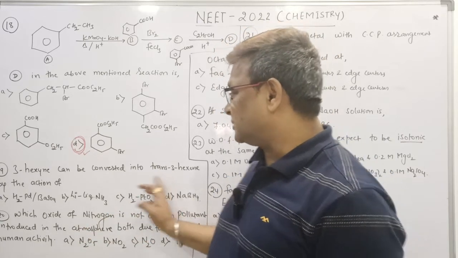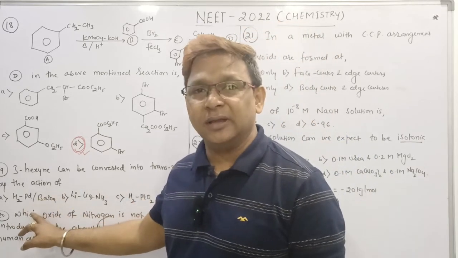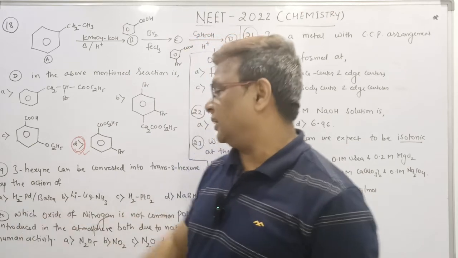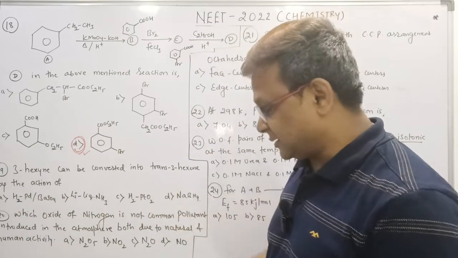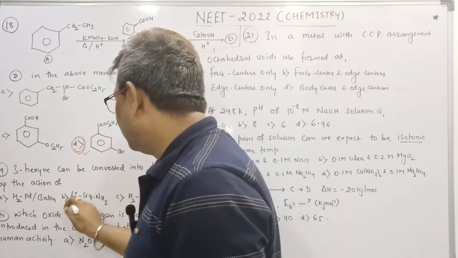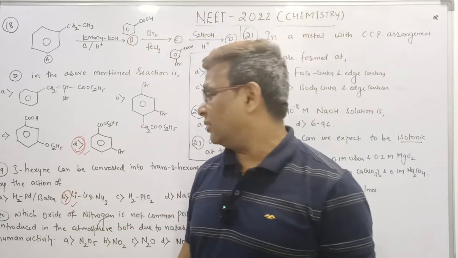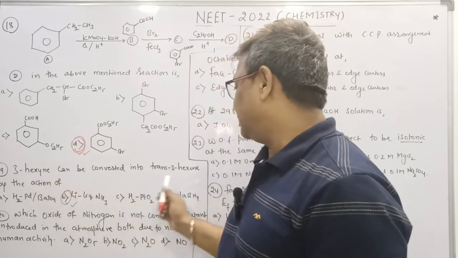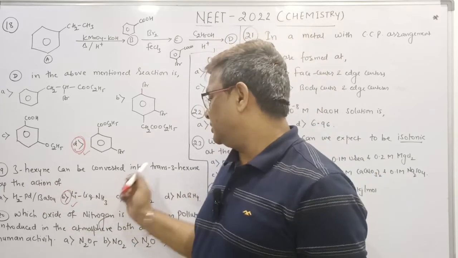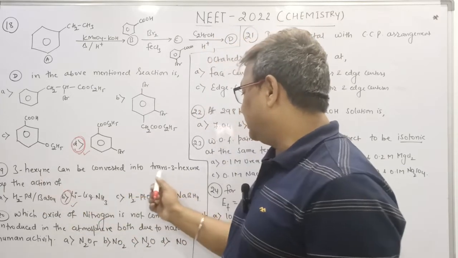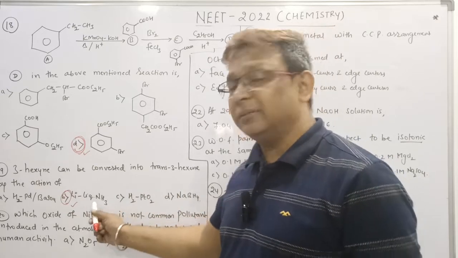But if it is cis, then Lindlar's catalyst, H2 with Pd and BaSO4, is used. As they are asking trans, it's a direct answer. Option B is correct. Sodium or lithium with liquid ammonia will convert 3-hexyne into trans 3-hexene, meaning triple bond to double bond in the trans position, called Birch reduction.